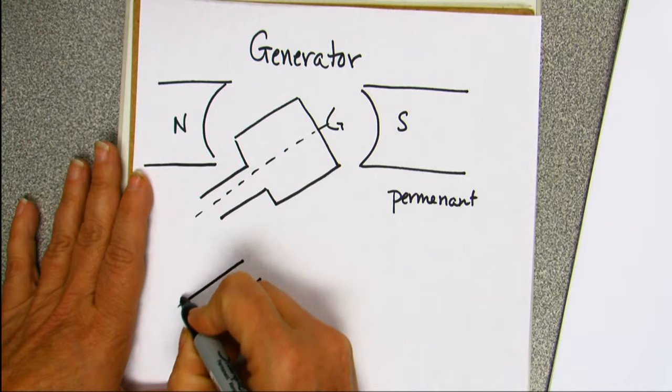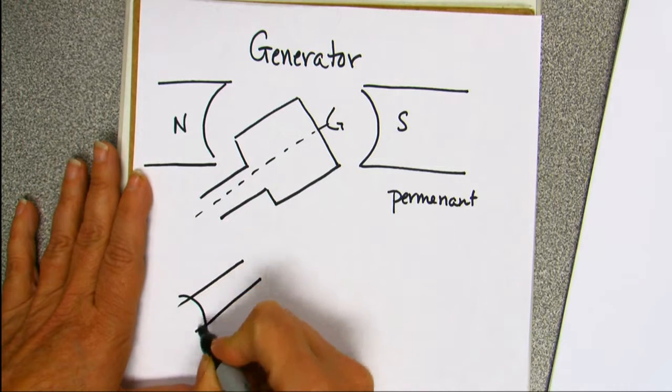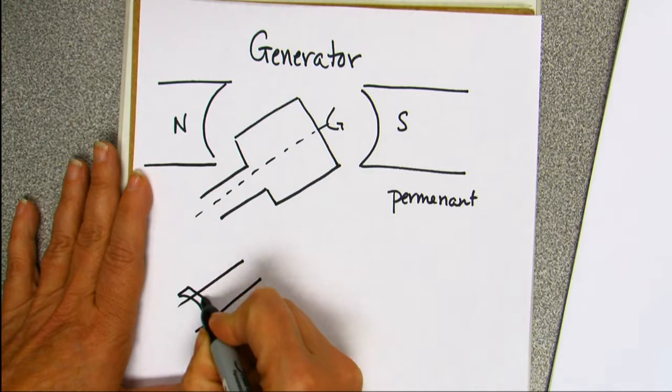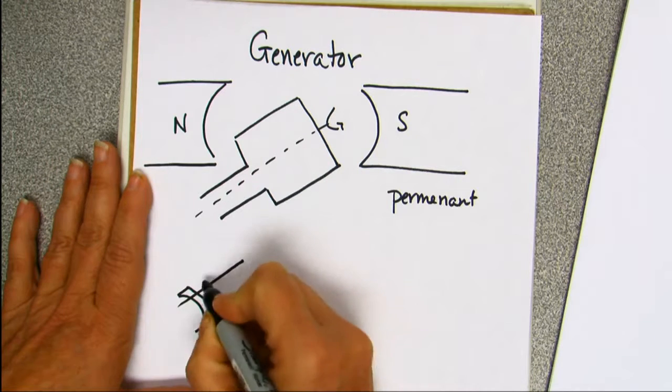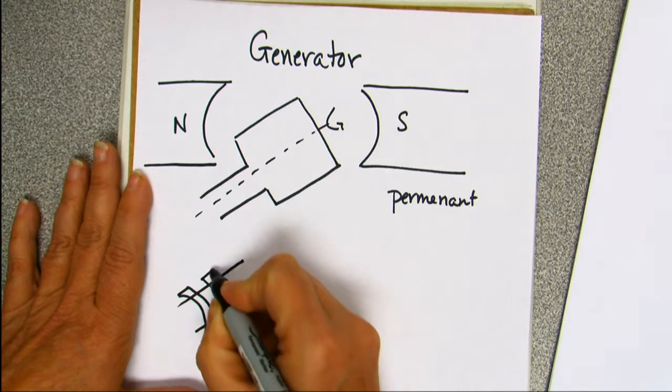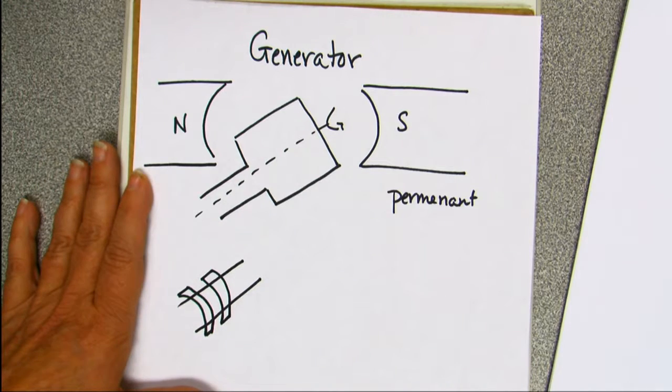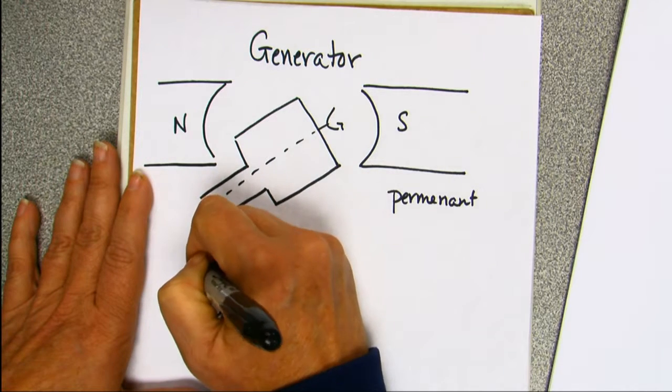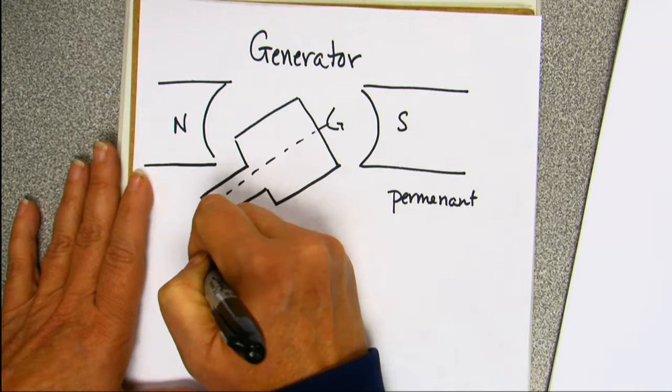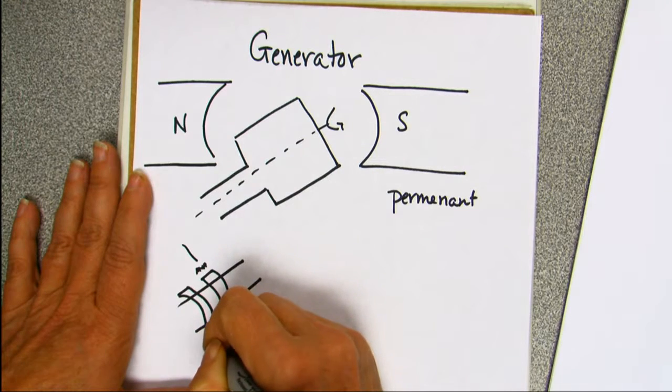this part of the wire, I will have a collar on the wire that's connected, and I'll have a second collar on the wire that's connected. Usually I have a little electric brush right here, and a little brush right here.